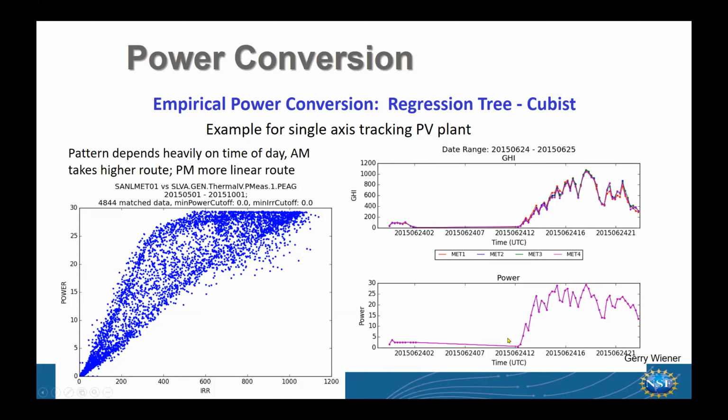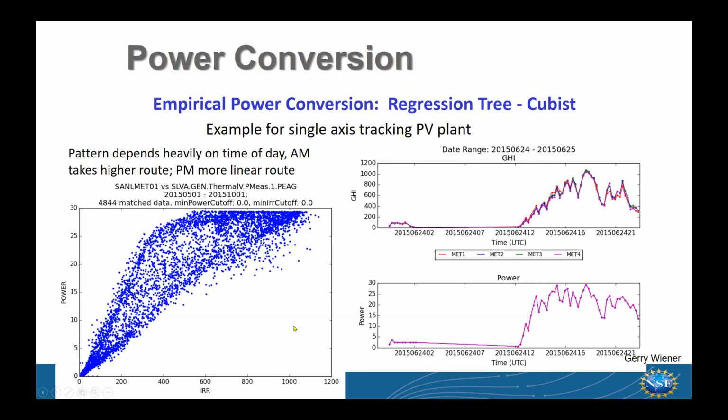Now, as I mentioned, the end user, the grid operator, doesn't really care about global horizontal radiance. They care about power output. So we can build power curves where we're able to convert the environmental parameter, the irradiance, to power.